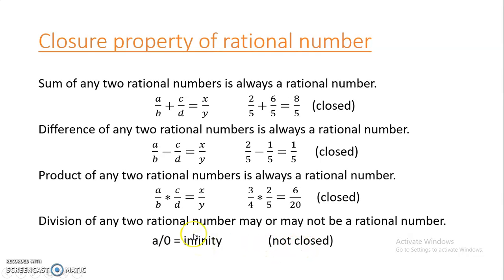So this division of any two rational numbers is not closed. It is allowing some stranger to come inside. So it is not closed for the strangers. Division is not closed for the strangers. Okay, I hope you have understood this closure property of rational numbers.